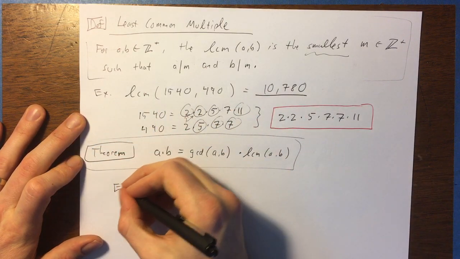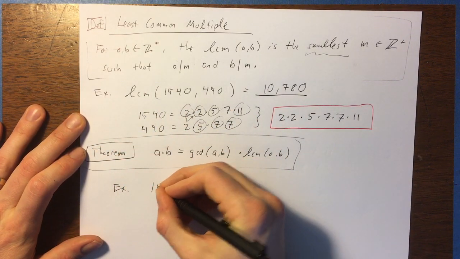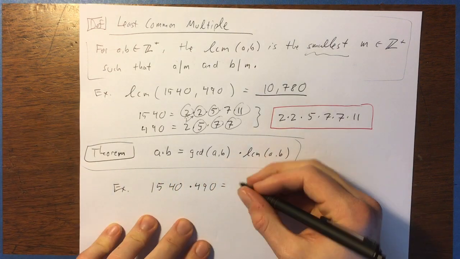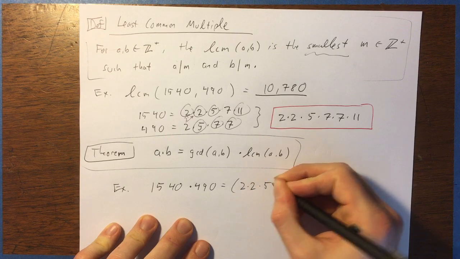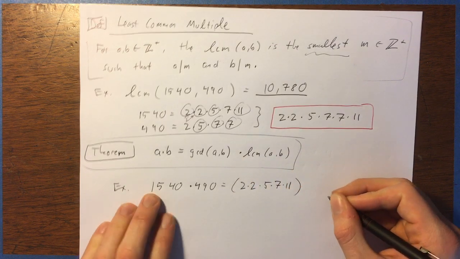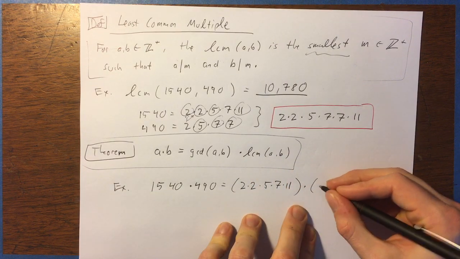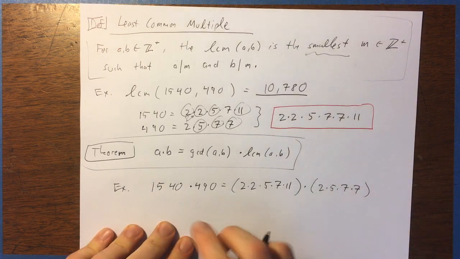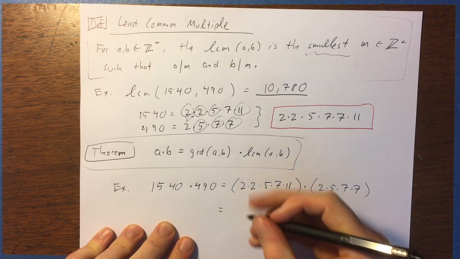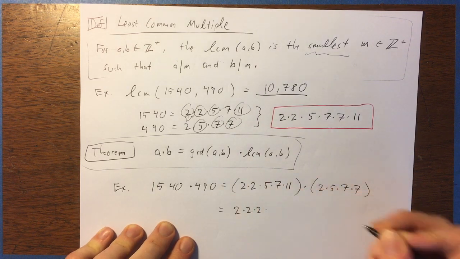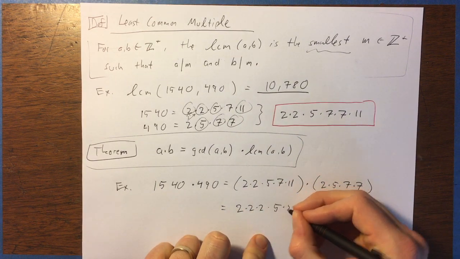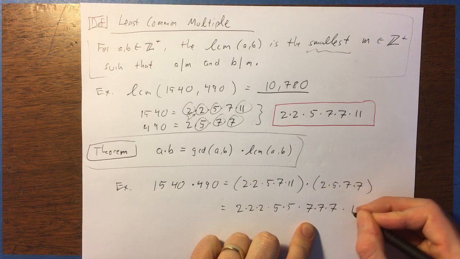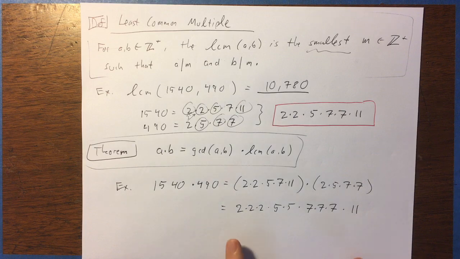In our example, if you take 1,540 and multiply that by 490, we get 2 times 2 times 5 times 7 times 11 for 1,540, multiplied by 2 times 5 times 7 times 7 for 490. Now just rearrange this and you get three 2's, two 5's, three 7's, and one 11. That's going to be the product.